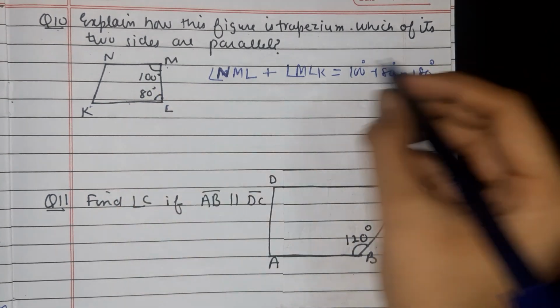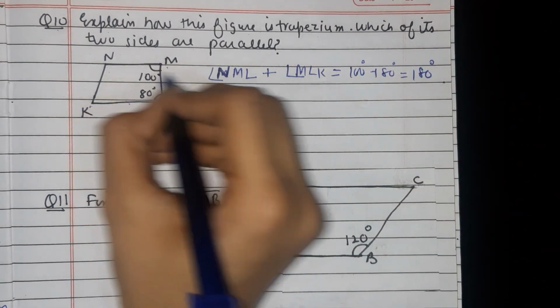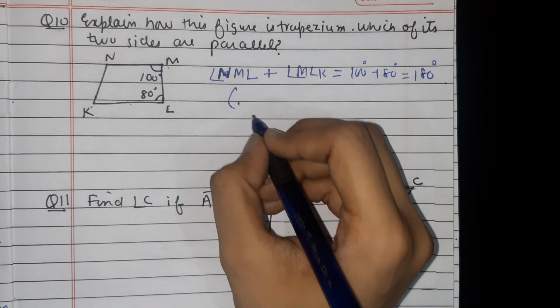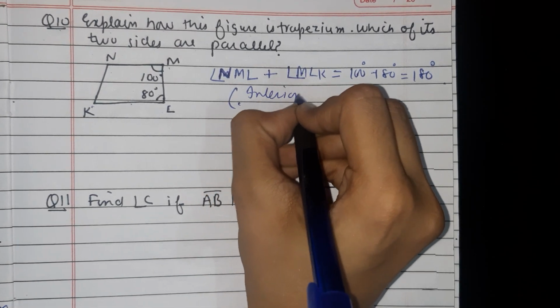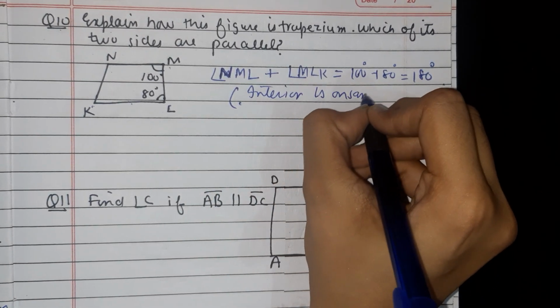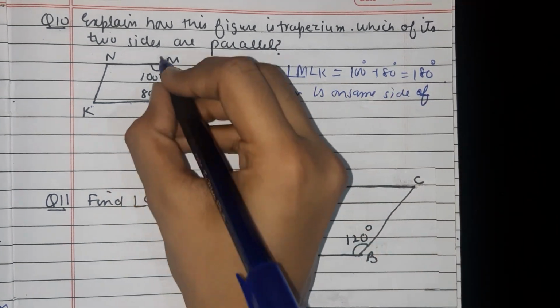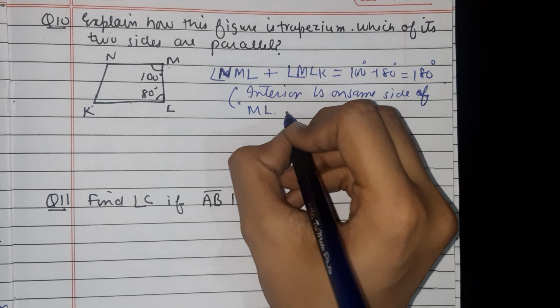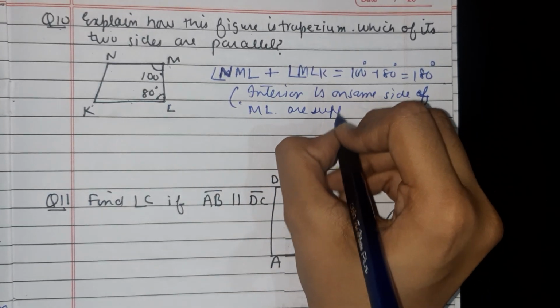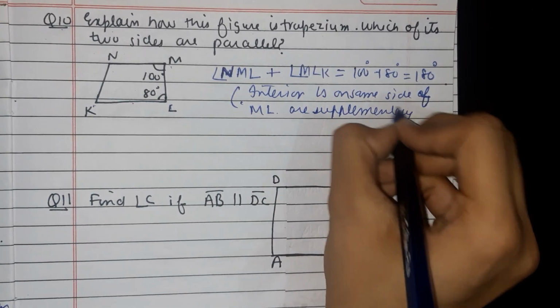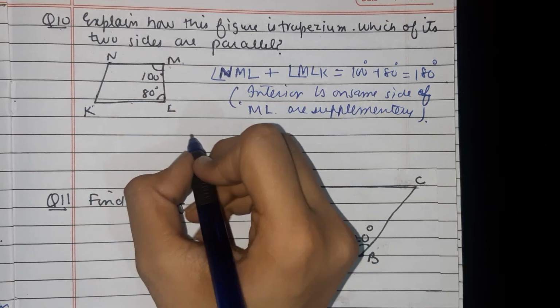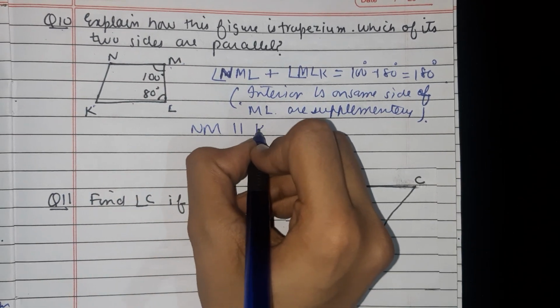That means what we are getting, the interior angles on the same side of this line segment ML are supplementary. So NM will be parallel to KL.